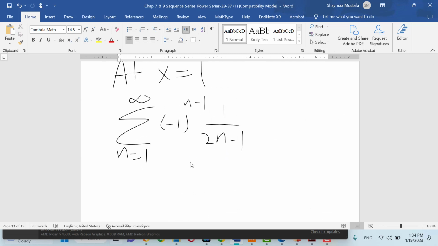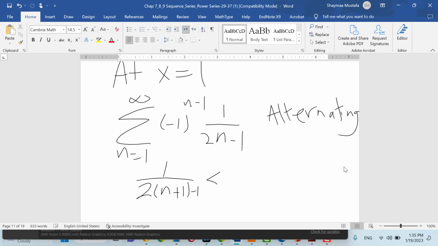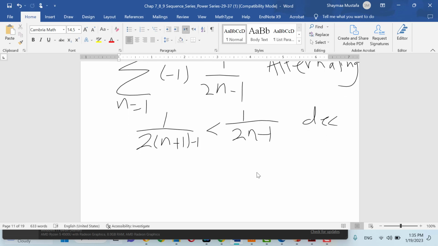So this is also an alternating series. Applying the alternating series test, we can find it is decreasing, and also the limit of this sequence when n goes to infinity is equal to 0.